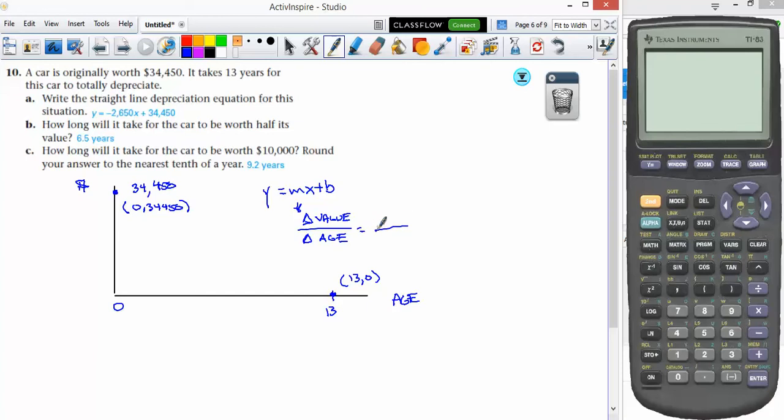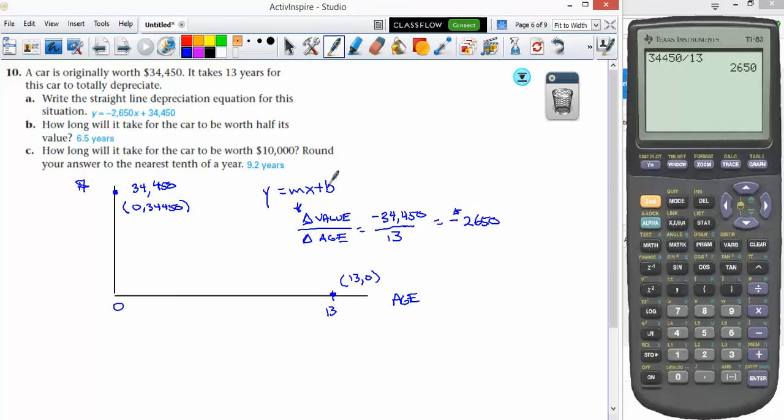So over a 13-year period, it decreases by 34,450. So if I go ahead and actually do the division, 34,450 divided by 13, I get negative 2,650. So every year that's how much decreases in value.